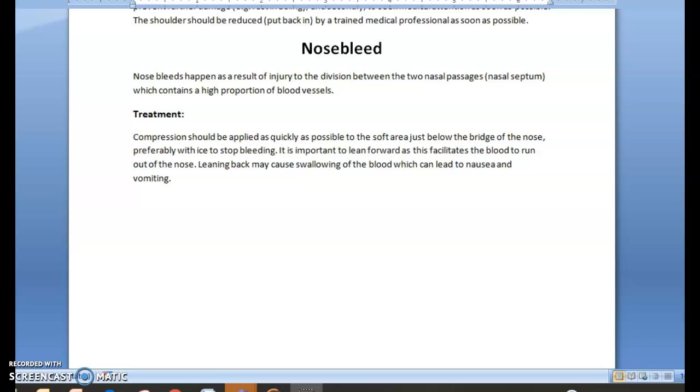How do we treat a nosebleed? Compression should be applied as quickly as possible to the soft area just below the bridge of the nose, preferably with ice to stop bleeding. It is important to lean forward as this facilitates the blood to run out of the nose. Leaning back may cause swallowing of the blood, which can lead to nausea and vomiting.